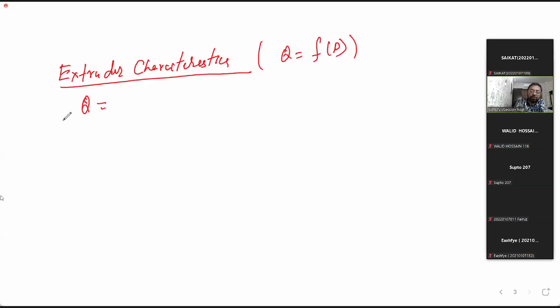So how we already did the formula? It is equal to Q maximum into 1 minus P divided by P maximum.